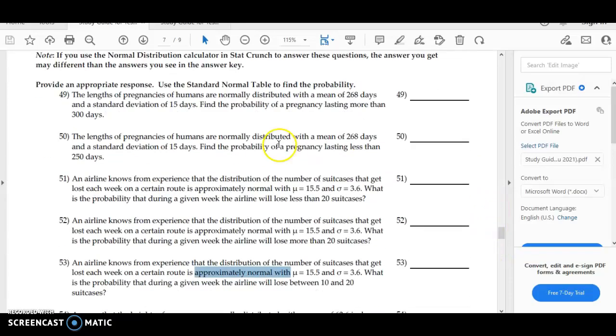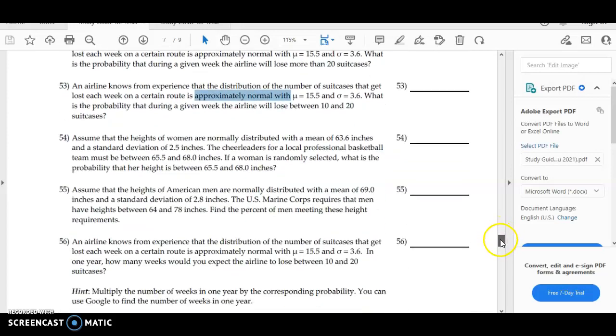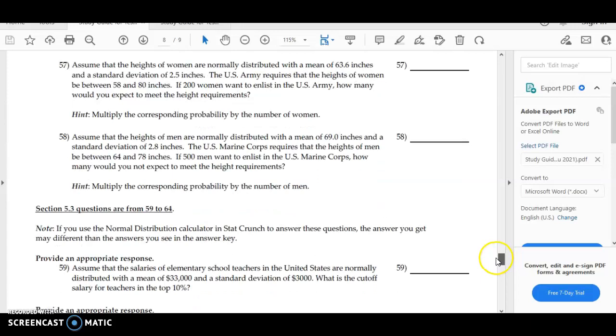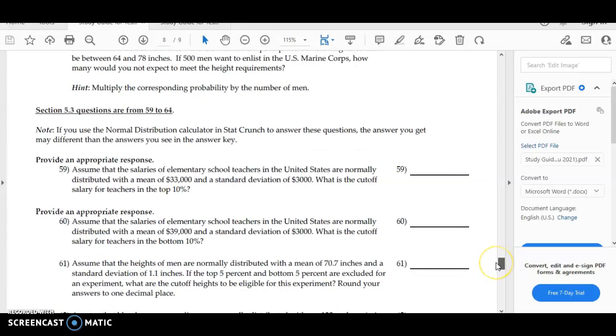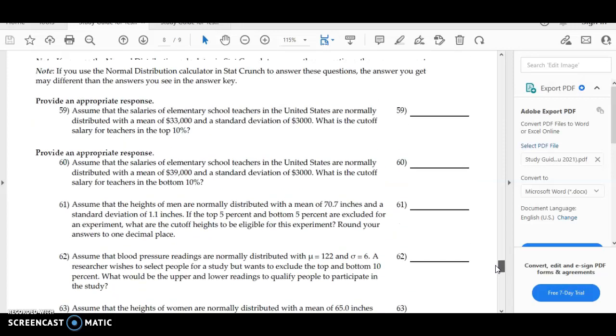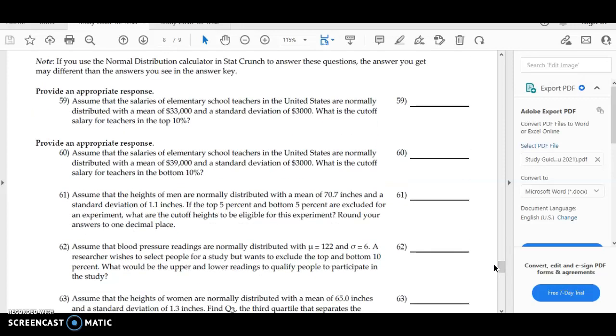But more likely than not, the kind of questions you're going to see on the final exam from this section are like 51, 52, and 53. Let's move on to the questions from section 5.3. There's questions 59 through 64. We'll probably do 2 of these questions, and then you can do the rest on your own.